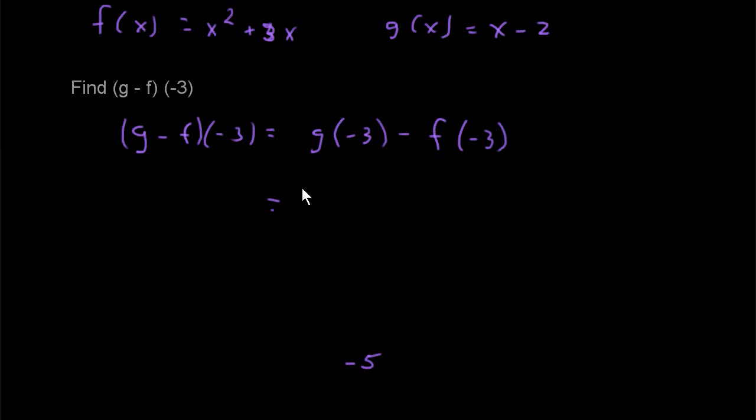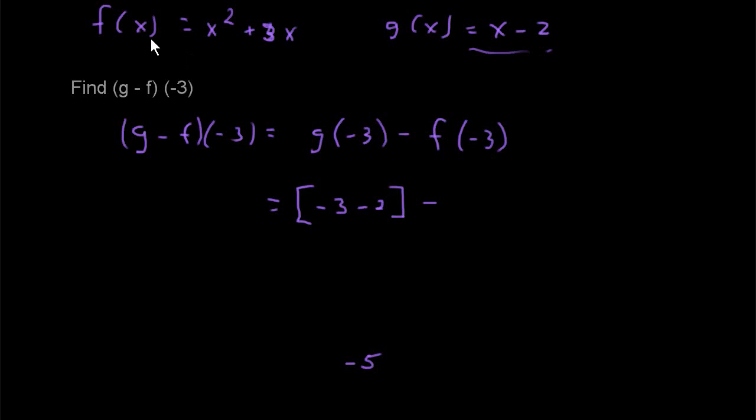Okay, and so what's g of negative 3? Well, here's the g function. G of negative 3 means just replace this x with a negative 3, so we'll have negative 3 subtract 2, and then subtract the f function.